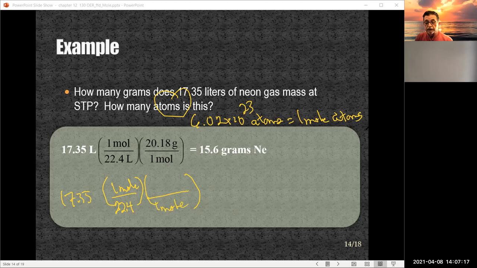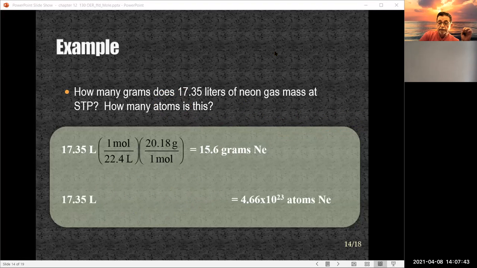This Avogadro's number is written with 6.02 times 10 to the 23rd atoms per 1 mole. So moles cancel, my liters cancel, leaving me with atoms, and now it's a matter of plugging in the numbers.